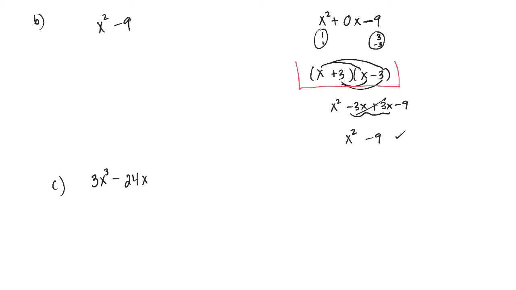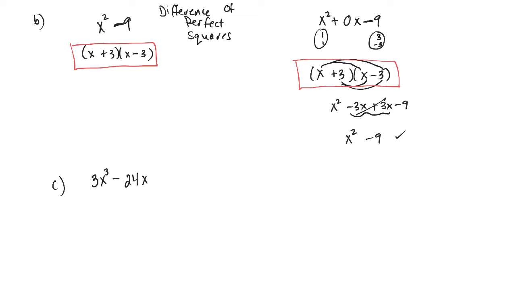So this is a special case. This is the difference of perfect squares. And it factors as the square root of the first term goes in the front, and the square root of the last term goes in the back. And then because this is a difference, because there's a minus there, the signs need to be different.